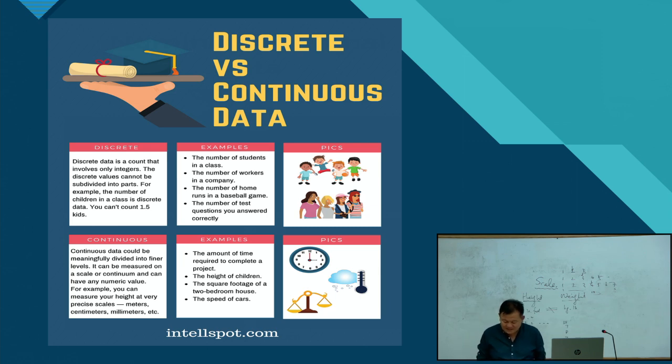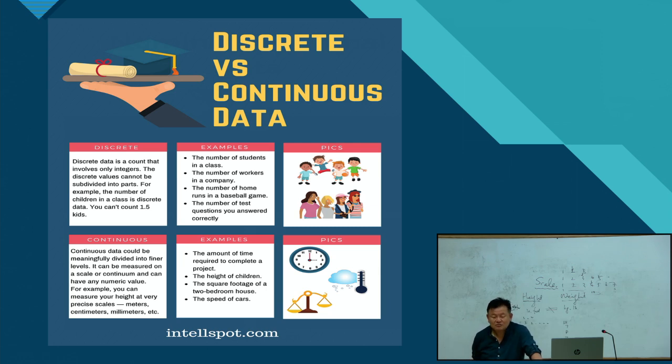Discrete data is the count that involves only integers. Discrete values can be separated into parts. It means it's separate. For example, the number of children in a class is discrete data, because you can count all individuals: 7 students, 15 students.